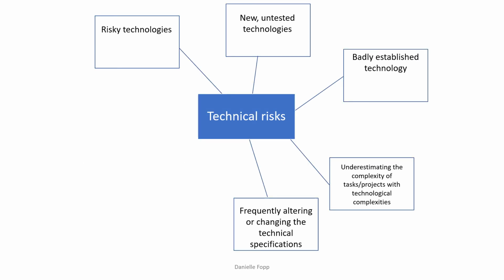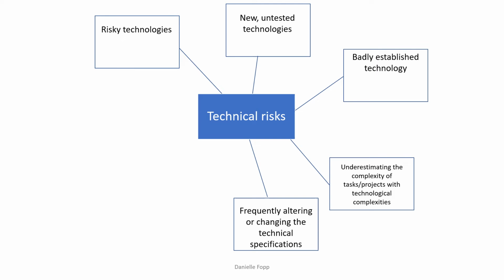So what are some of the risks which are normally associated with the technological aspects of a project? Well, these might be things like risky technology or new untested technologies, and that might be new and untested technologies globally, or it may also be new untested technologies for the firm or for the company. We also need to be considerate of badly established technology, for example, if a company is using technology that just isn't working.